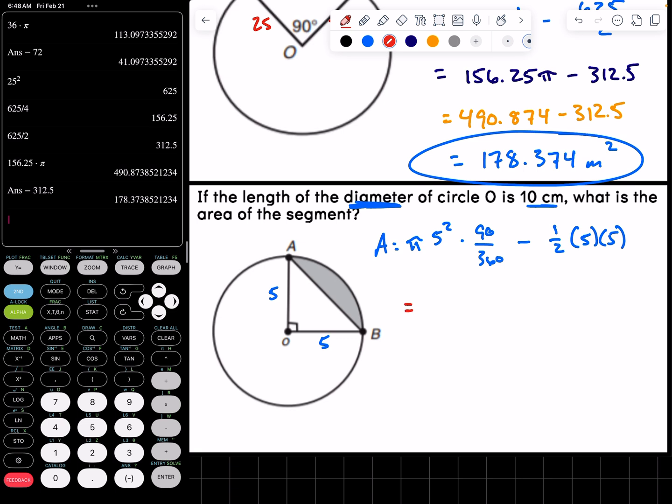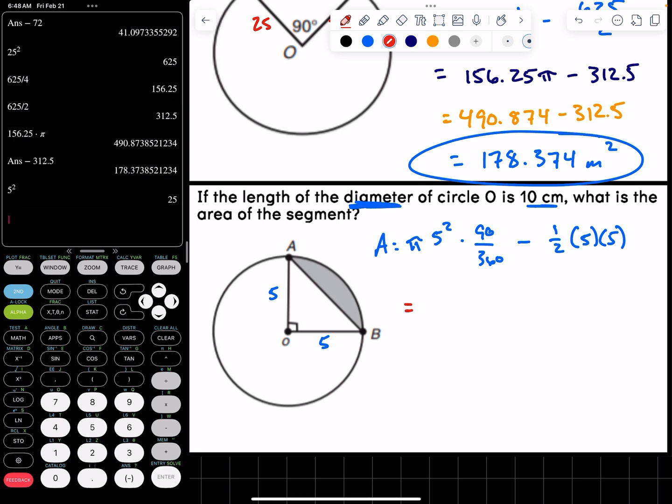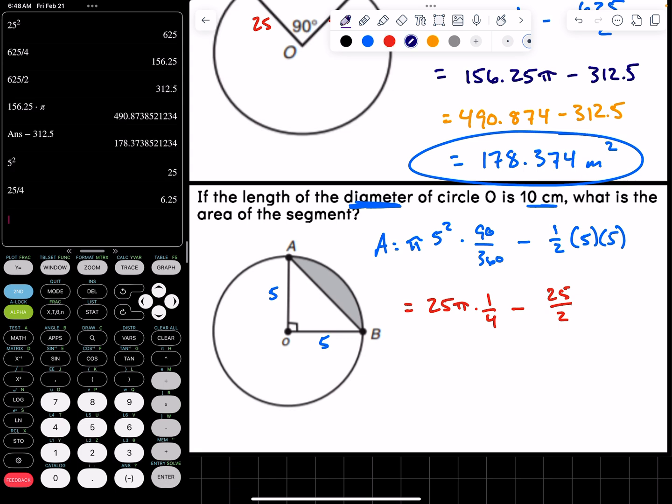So 5 squared, we know is 25. 25 pi times 1/4 minus 25 over 2. So 25 divided by 4 will give us 6.25 pi minus 25 divided by 2 is 12.5.